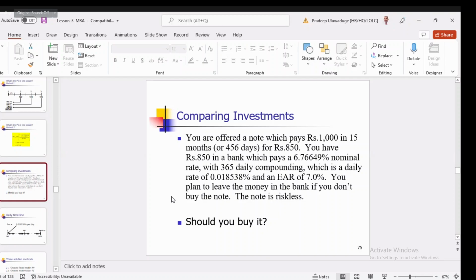You plan to leave the money in the bank if you don't buy the note, right? The note is riskless. That is, you do not have to make any adjustments towards risk of the note, right? So should you buy it, right?